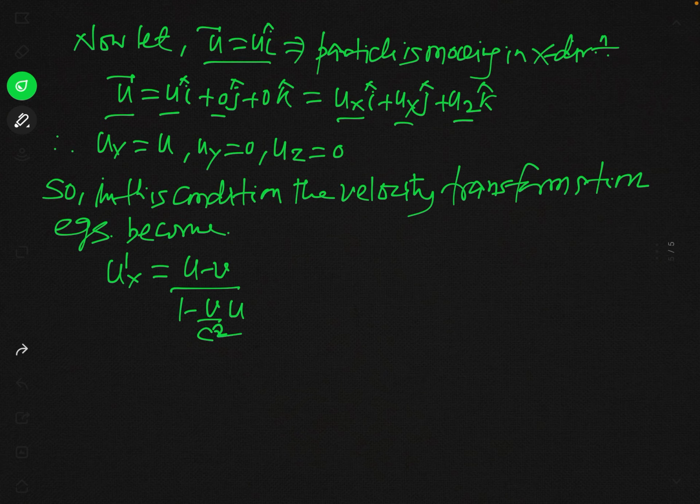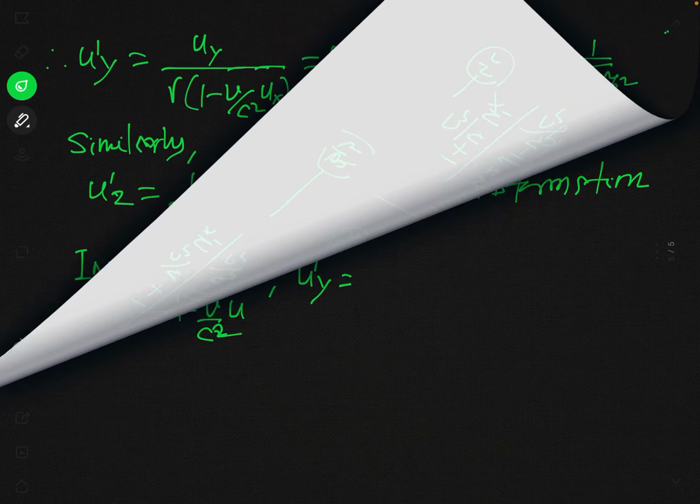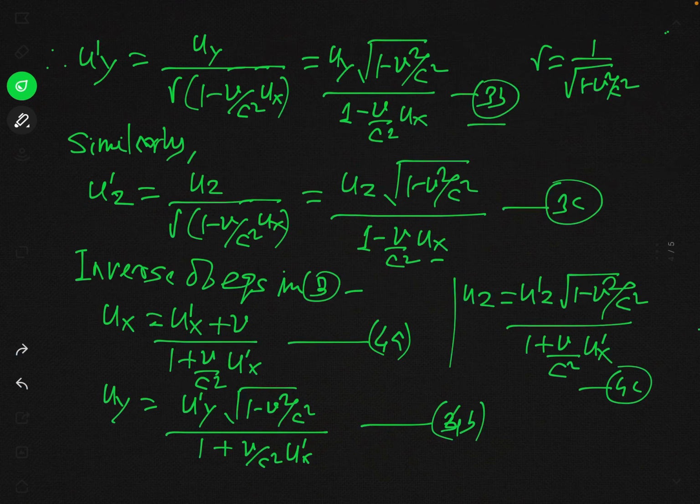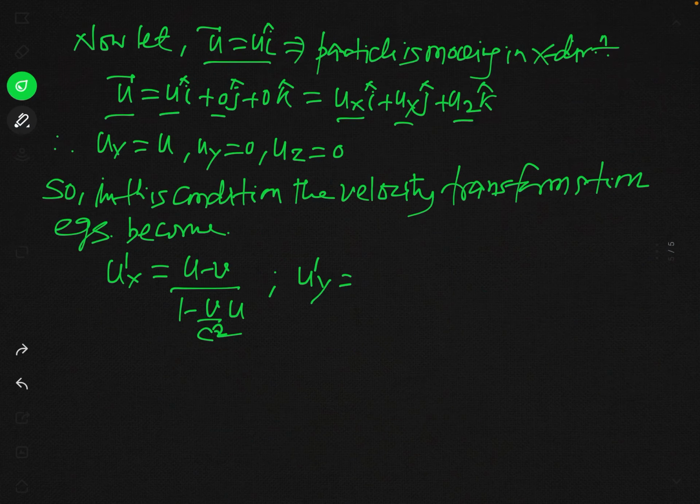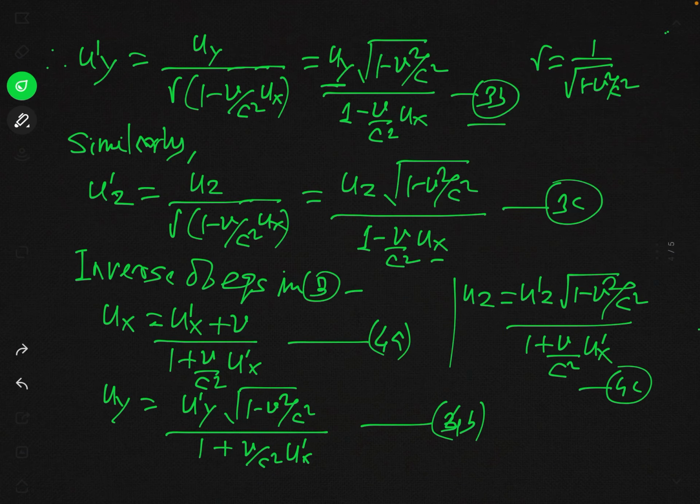And if you write the expression for u prime y, see the previous result here, u prime y is uy times root of 1 minus v square by c square over this much. But what is this uy now? You can see that this uy is actually equal to 0, so the whole result will be 0. So u prime y will be 0. Again, you can see that u prime z will also be 0.